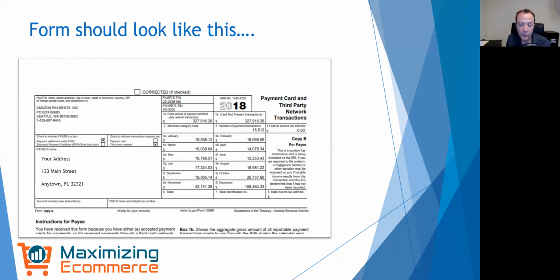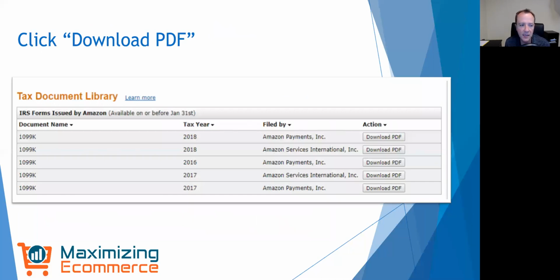And again, if for whatever reason you didn't get a 1099, for example, if I go back to the slide before, you'll see in 2016, I got a 1099 for Amazon.com, but I didn't get one in Canada. I was selling in Canada, but I hadn't quite hit that threshold of $20,000 in sales yet. I did the following year.